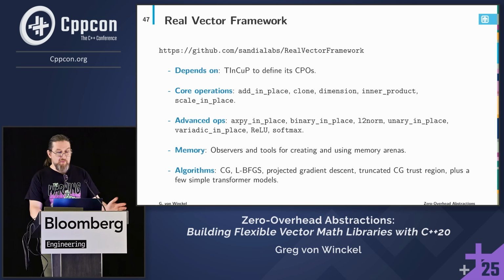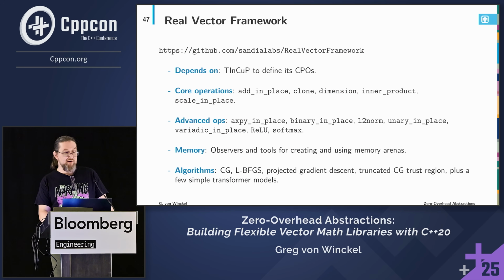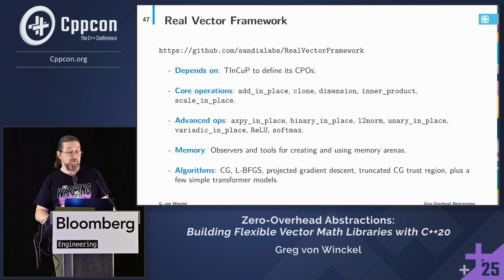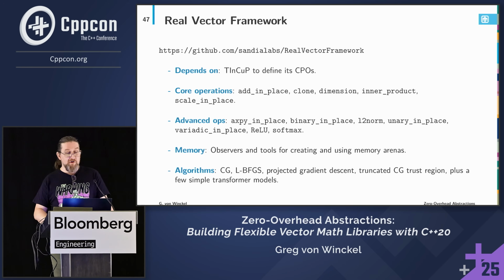So then, how can we use this to make our life easier? There's a second repo which I put up. It's called Real Vector Framework that uses TInCup to basically generate all of the different customization point objects that you need. And the core ones are add in place, clone, dimension, inner product, and scale in place, but also some more advanced things like XB, binary, unary.